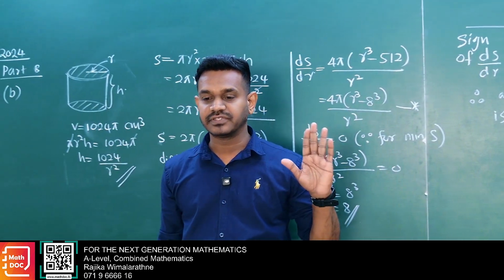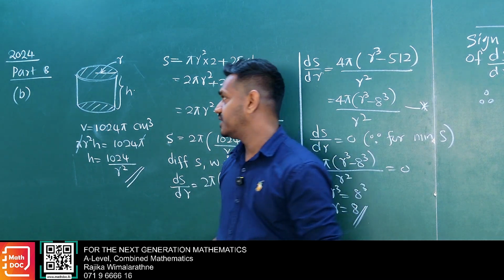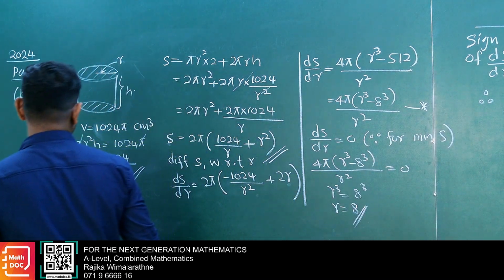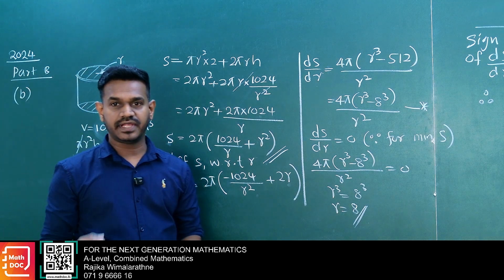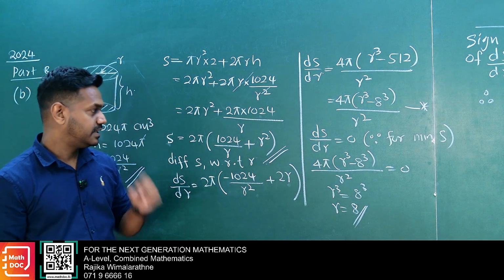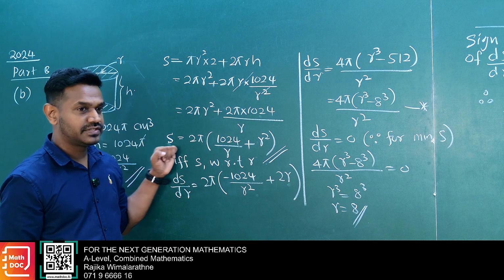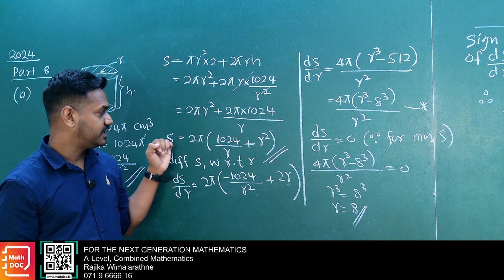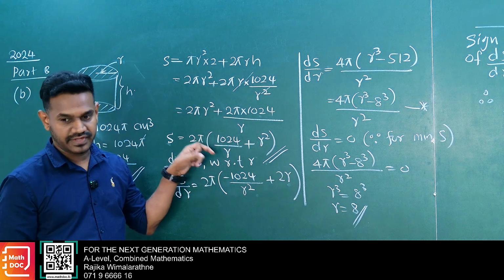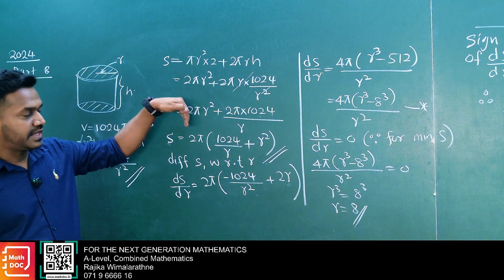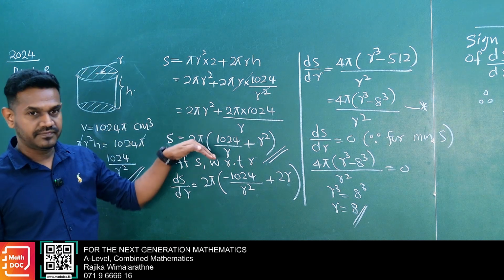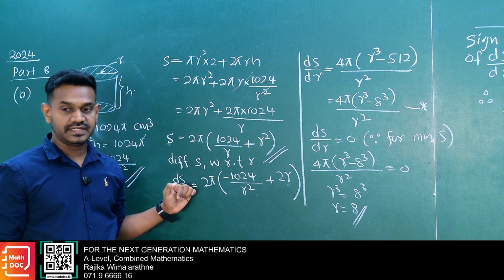Okay, again see the procedure. Here you have to obtain a function. That means we have to minimize S now. We have to obtain a function that belongs to S with a single variable. So using general geometry and mathematics, you have to obtain that. Convert into a single variable. Then we have to minimize this one.